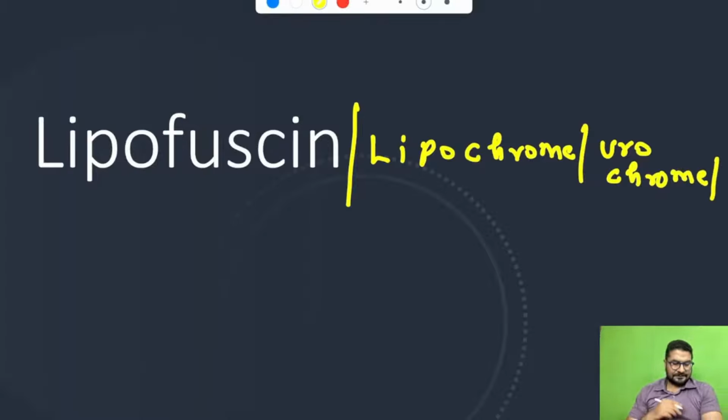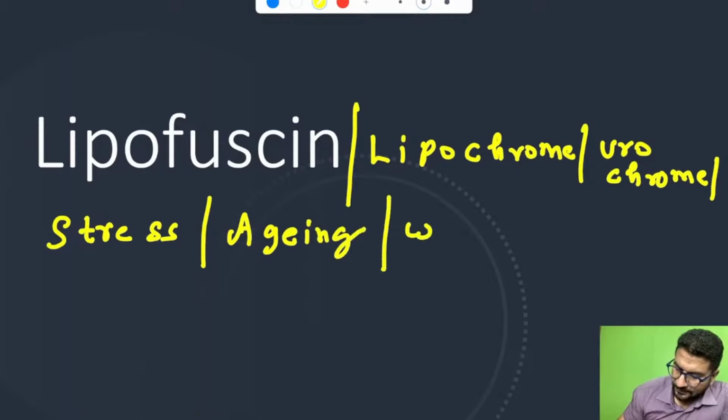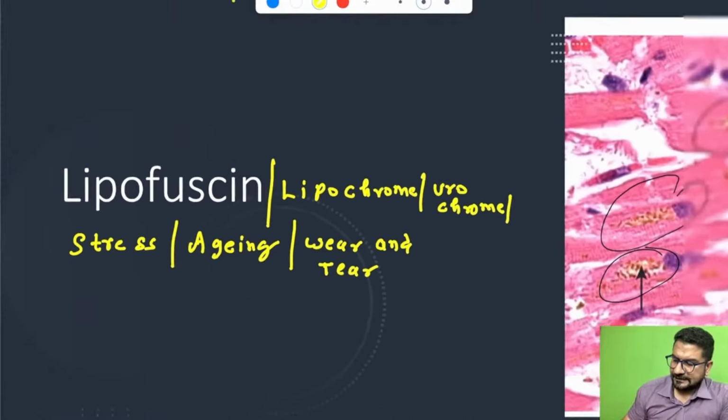Then remember this pigment, lipofuscin, is also called the pigment of stress, or I can say pigment of aging, or wear and tear pigment. So understand this thing.